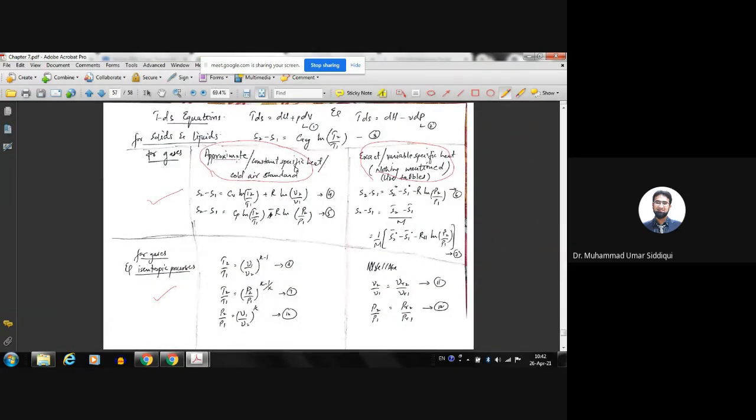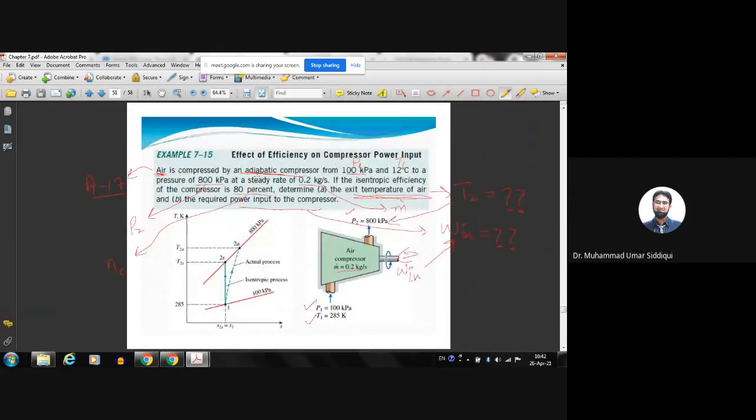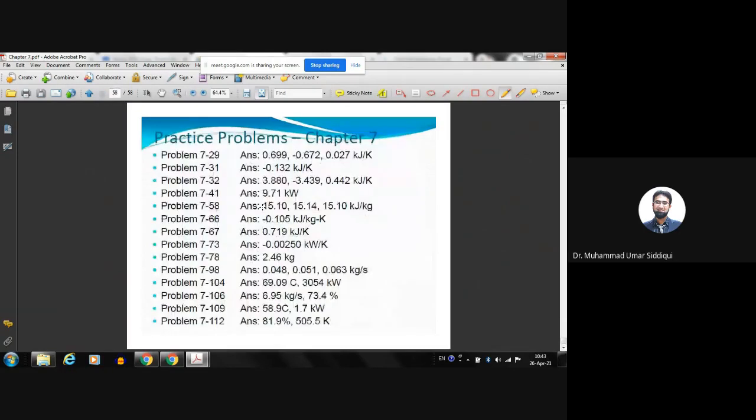Is it approximate or constant specific heat values or cold air standard assumptions, or is it the exact or variable specific heat method that we have to use, or is nothing mentioned? Here, if you look in the question, nothing is mentioned. Air is compressed by an adiabatic compressor from this pressure, this temperature to this pressure at this rate. Isentropic efficiency is this much. Determine the exit temperature and the required power input. Since nothing is mentioned, we are going to use the exact method.